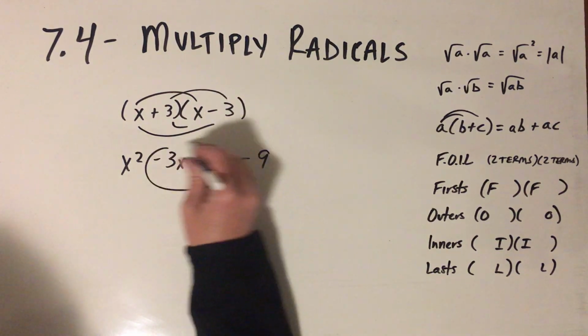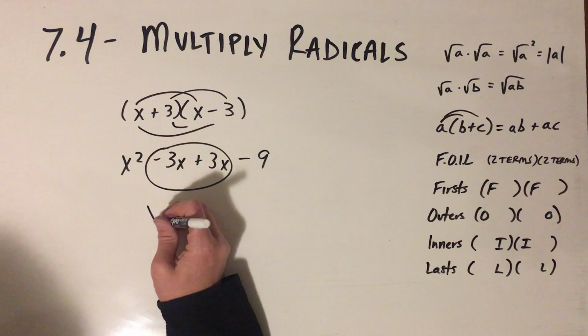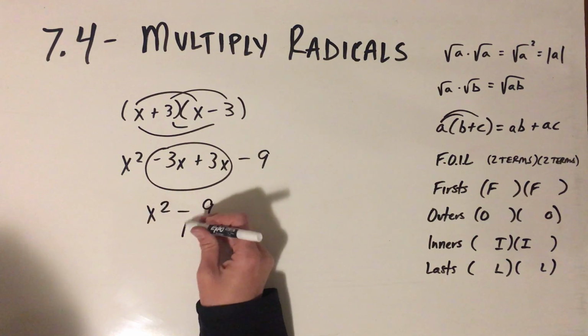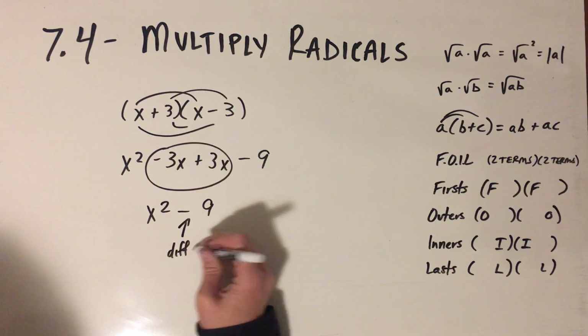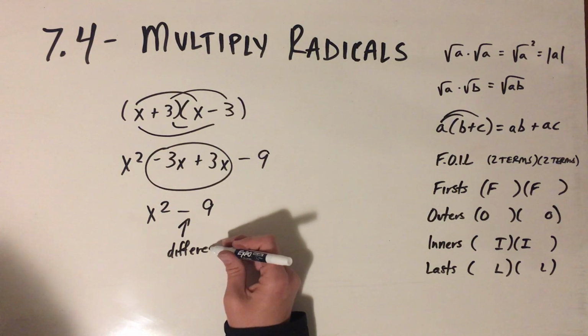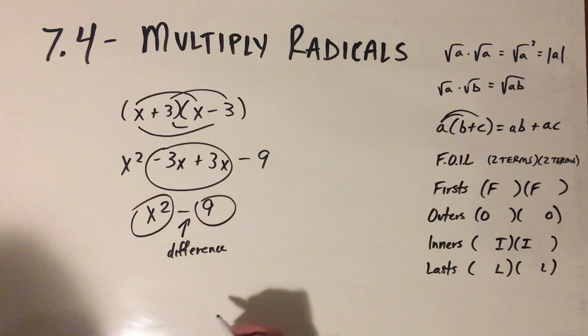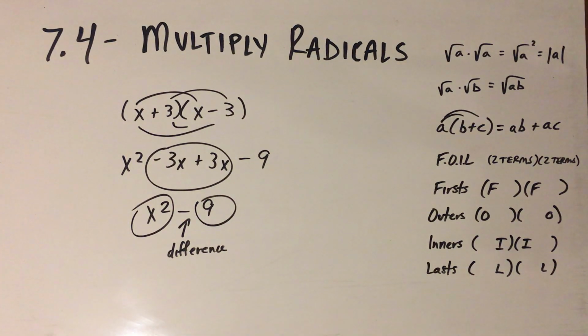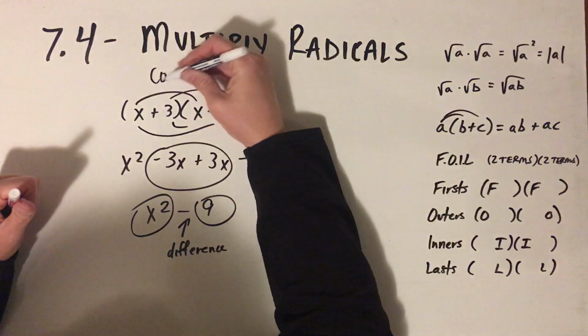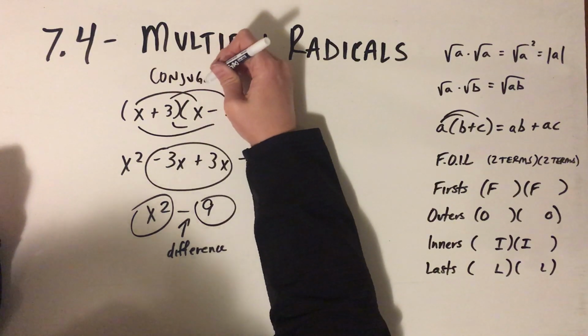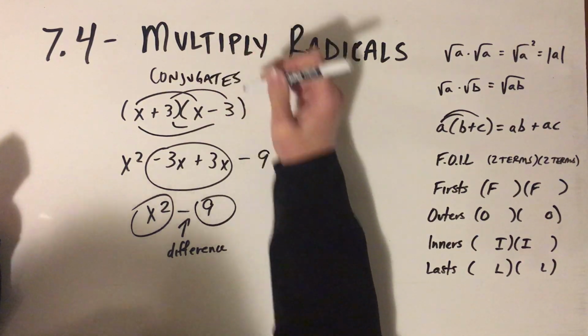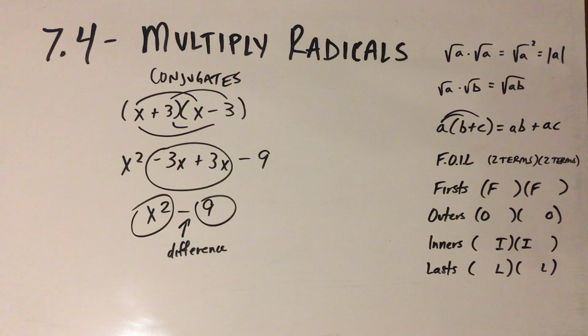And remember that these here sum to 0. So I end up getting this difference of two squares. This is a perfect square and this is a perfect square. Well, these are conjugates of each other. Conjugates means the same two terms but with opposite signs.